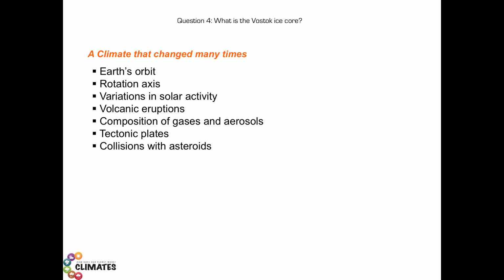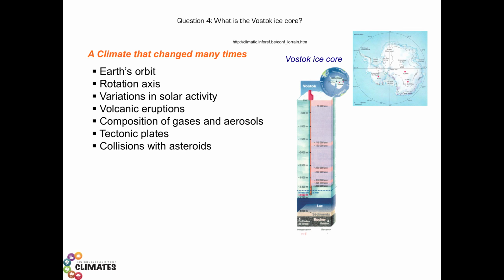One interesting source for climate interpretation is ice cores. We will speak here about the Russian ice core from Vostok, well known in the scientific community. This core was drilled in Antarctica to a depth of more than 3.5 kilometers in 1998. Soviets arrived there in 1957.